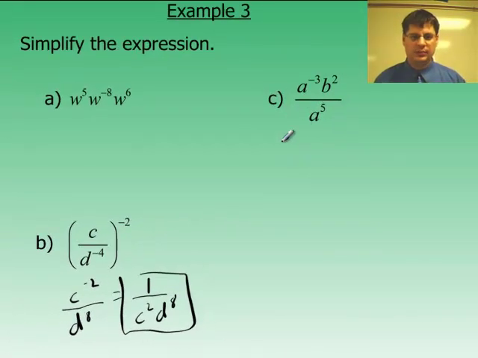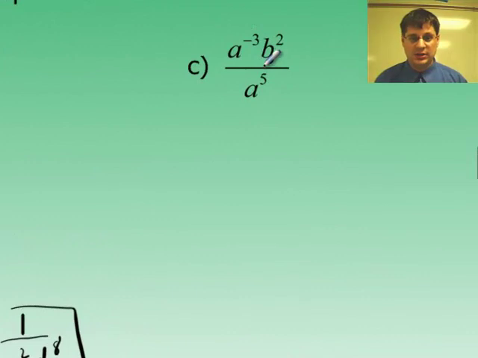For c here, I notice I have an a term on the numerator and an a term in the denominator. There's a couple different ways you can deal with that. So one way is, I would say, well, I have a to the negative 3, and then I'm going to subtract 5 from there, and then I have the b squared.